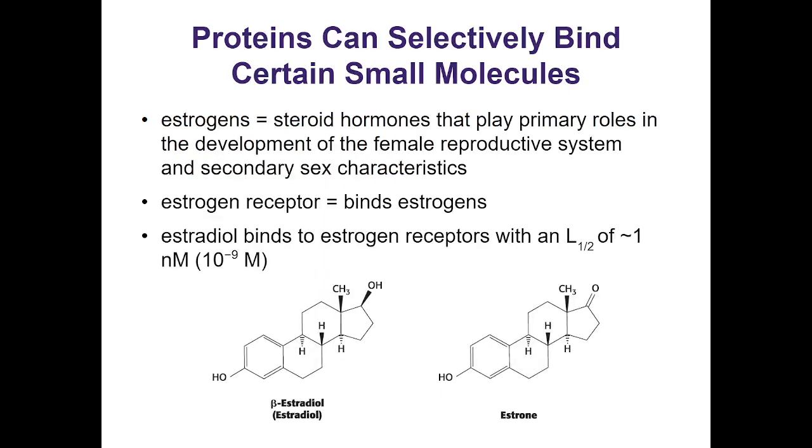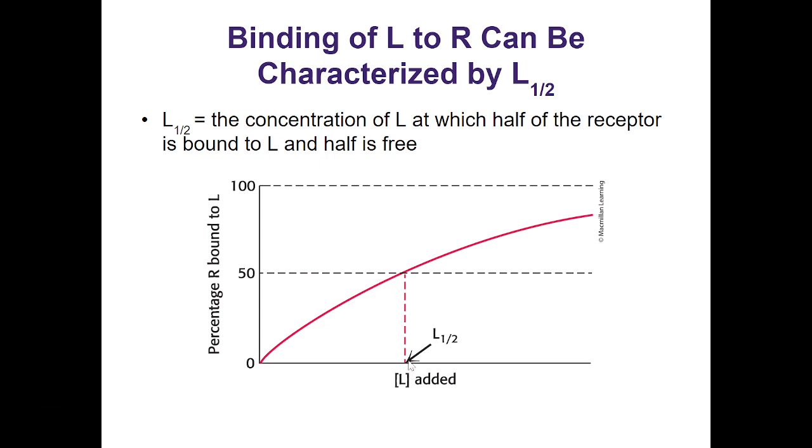So at 1 nanomolar, we would be right here on this axis, the L. We would have 50% of our R's bound, which is the receptors, because the receptors will always be the limited number, because we can infinitely add L.